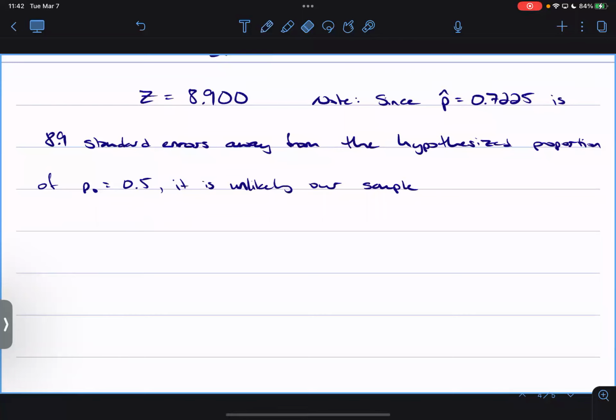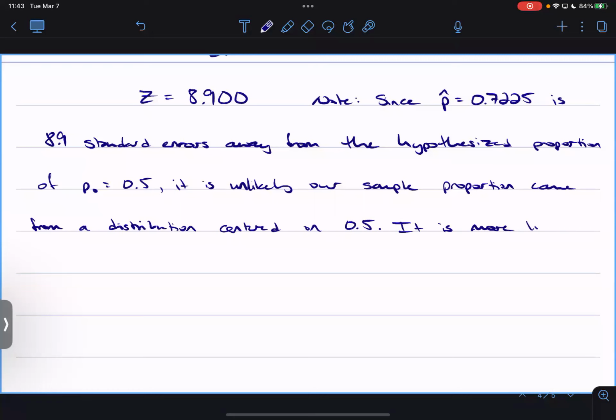Our sample proportion came from a distribution centered on 0.5? It's more likely it came from a distribution not centered on 0.5, which is our alternative hypothesis.